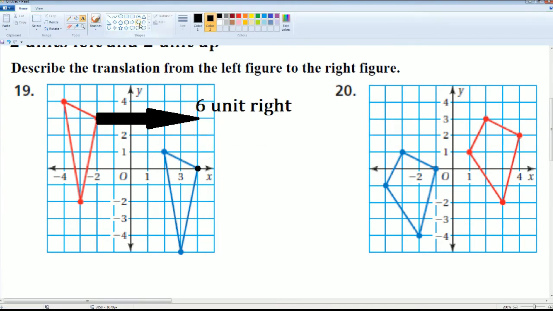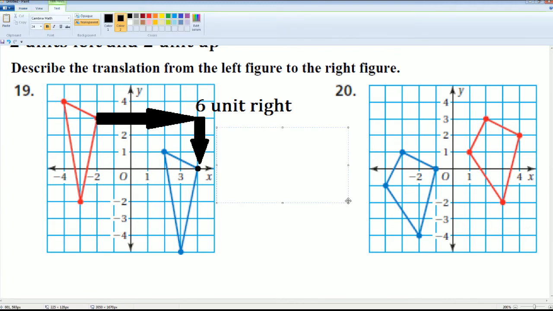Then did it go down any amount? Yeah, it looks like it did go down. 1, 2, 3. Then it went 3 units down. That's what it would look like in English.